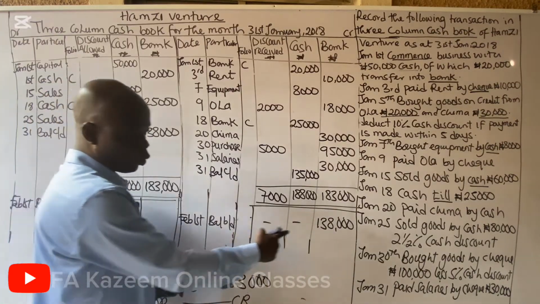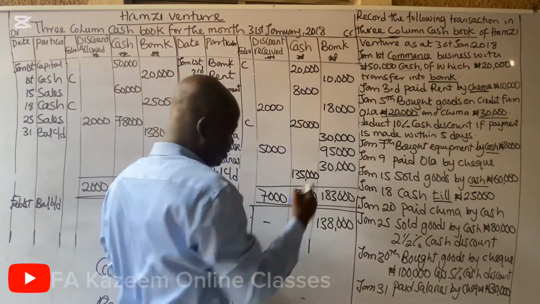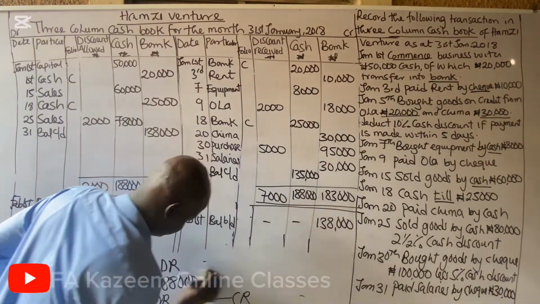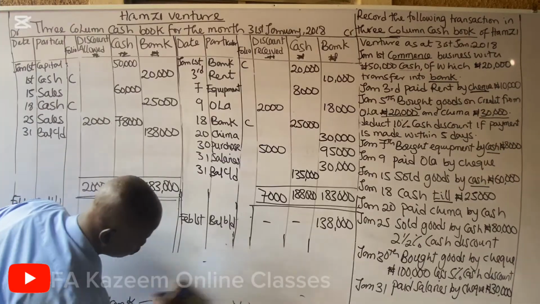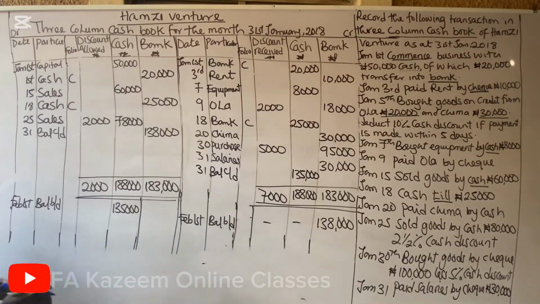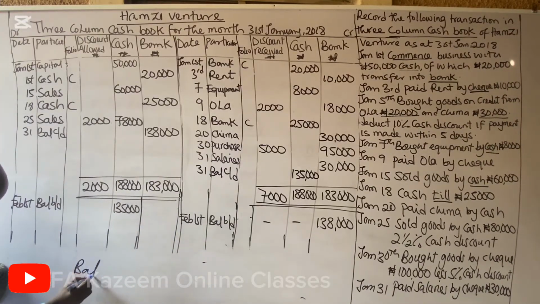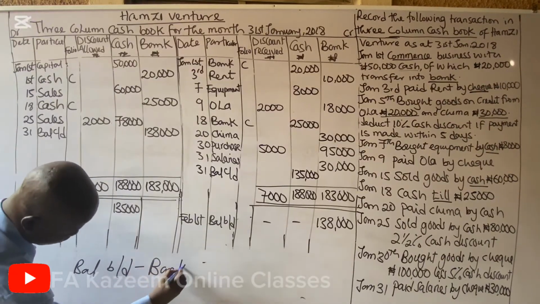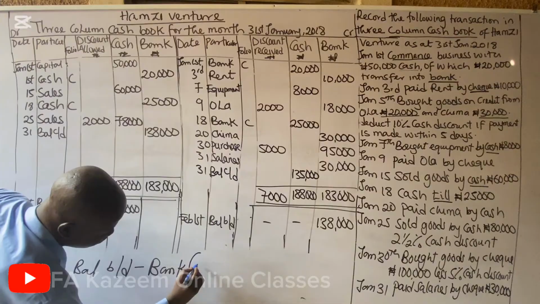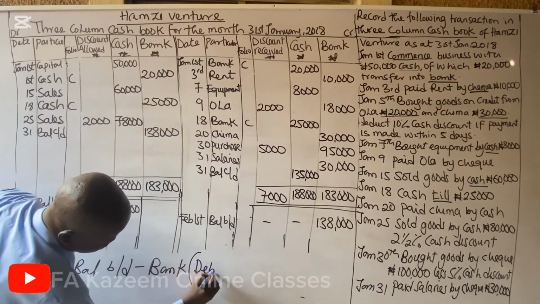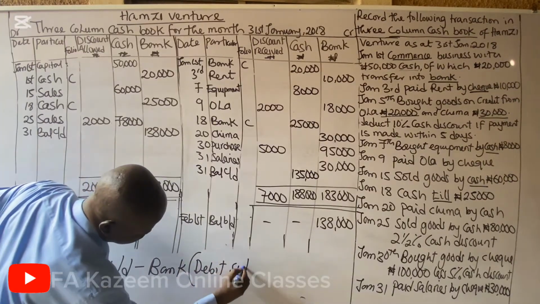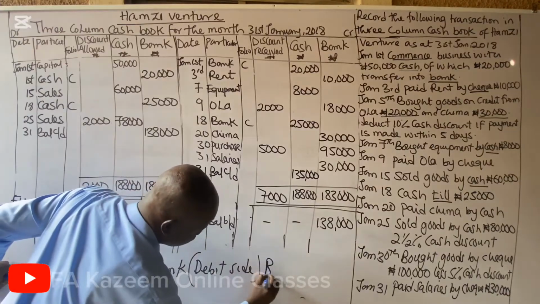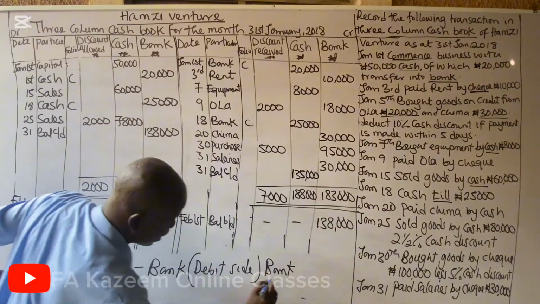Now, anytime you see the balance brought down of bank, if it is on the credit side, it means bank overdraft.